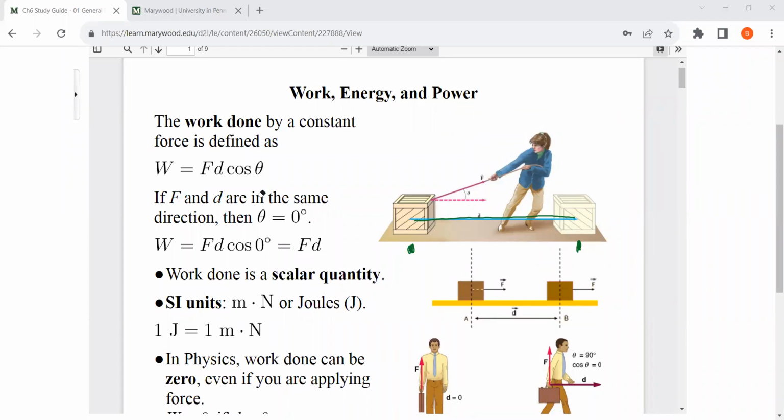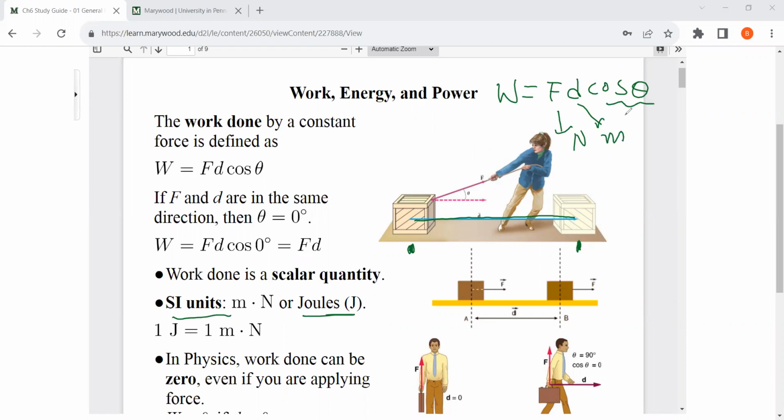Now, the standard international unit for work done is the joule, and the joule is related to the meter and newton. Why? Because W equals F d cosine theta. F is in newtons, d is in meters, and cosine theta does not have any unit.